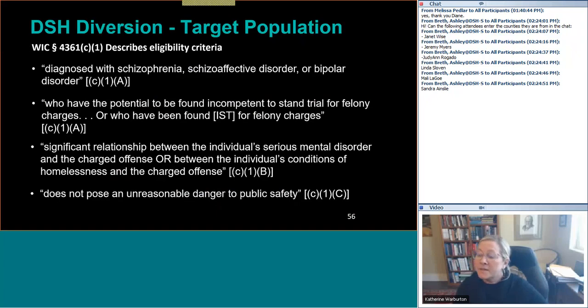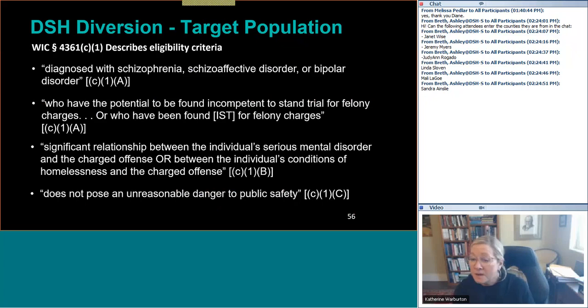Hence, our diversion program. So our diversion program is absolutely based on everything that I've just said. In our diversion program, we are looking for individuals who've been diagnosed with a schizophrenia spectrum disorder. And when we originally wrote it, we were saying it has to be schizophrenia, schizoaffective disorder, or bipolar disorder.